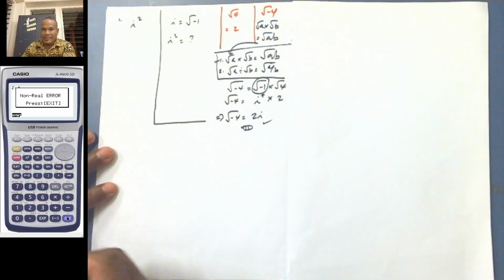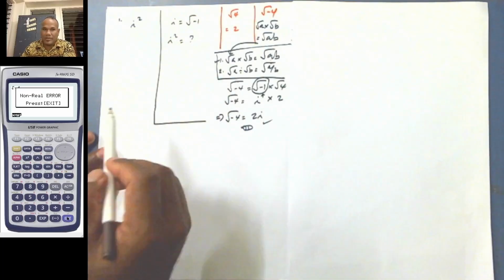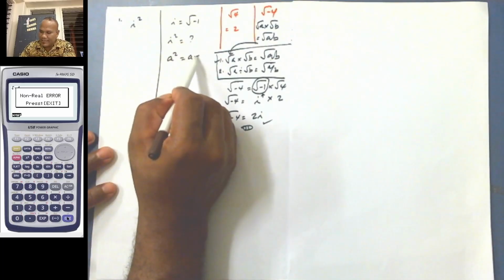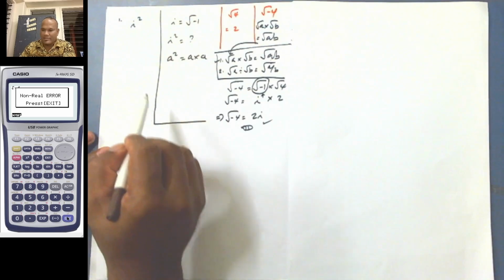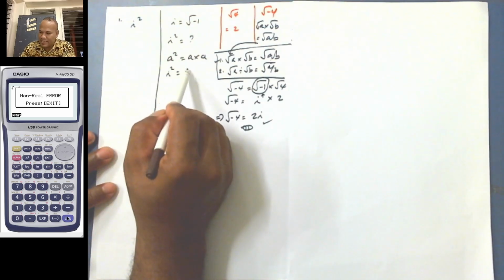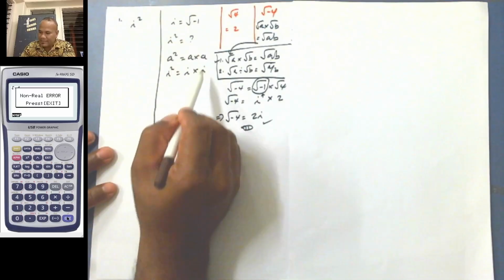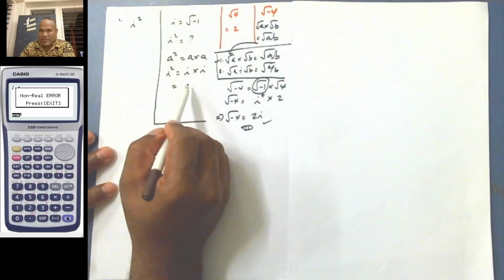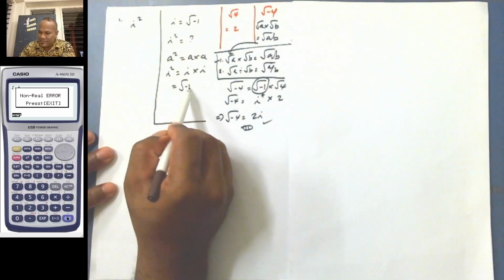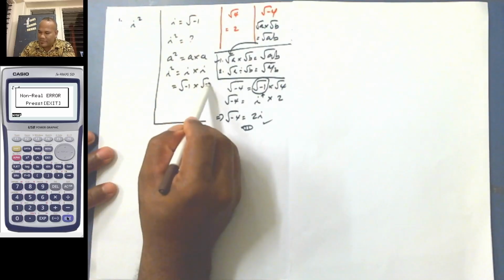We know that anything that is squared, meaning A squared, is the same as A times A. So i squared is the same as i times i. But what is i? i is the square root of negative 1. So it's the square root of negative 1 times the square root of negative 1.